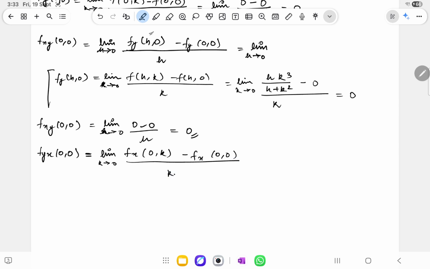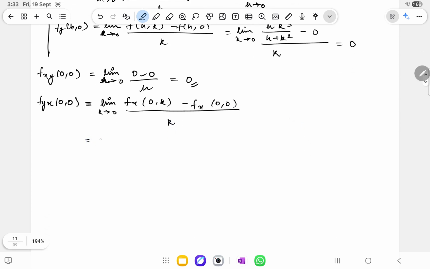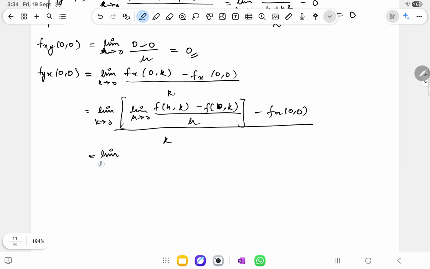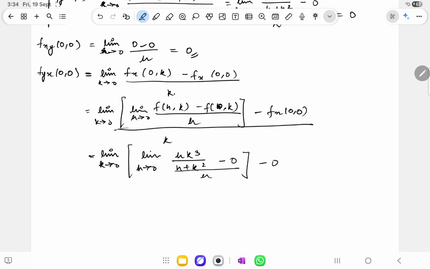But fx(0,k) is the limit as h approaches 0 of f(h,k) minus f(0,k), divided by h. So, minus fx(0,0), the whole thing divided by k, this will basically equal the limit as k approaches 0 of the inner limit as h approaches 0, where f(h,k) is hk cube divided by h plus k square, minus f(0,k), which is 0, divided by h, and the whole thing divided by k.